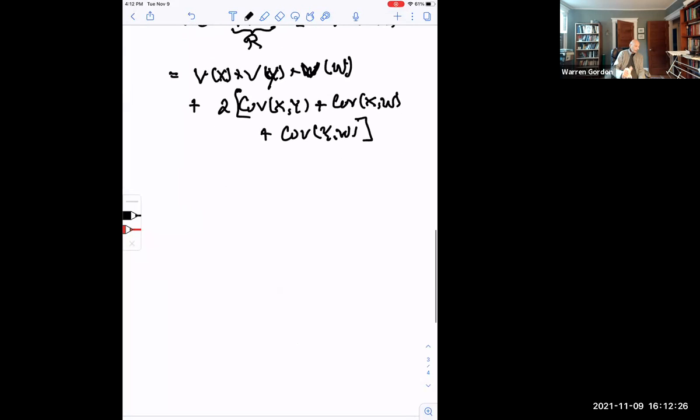In fact, more generally, suppose I wanted to find V of X1 plus X2 up through X sub n, right? N random variables.